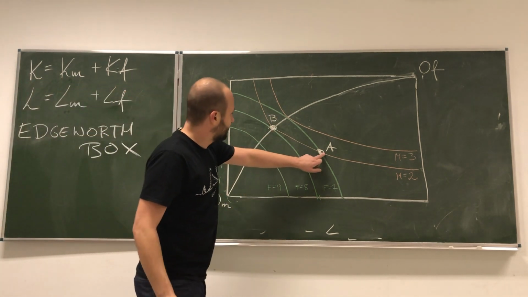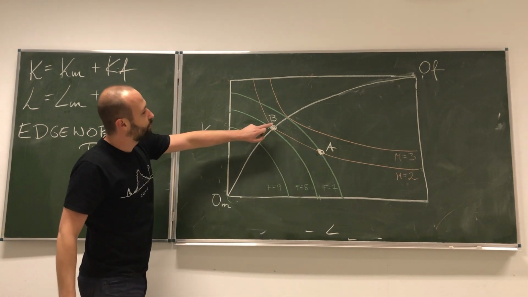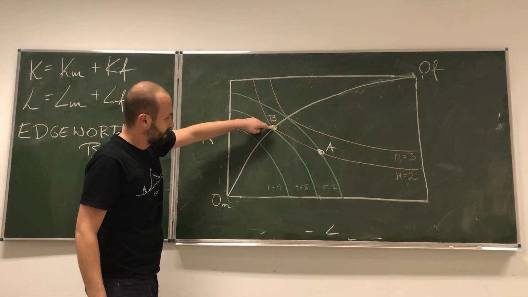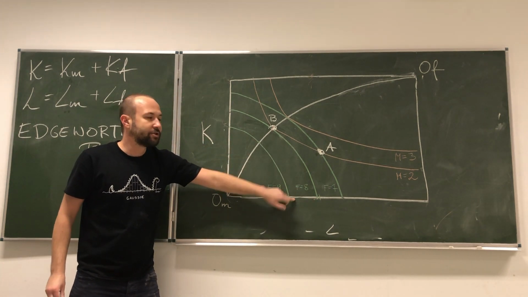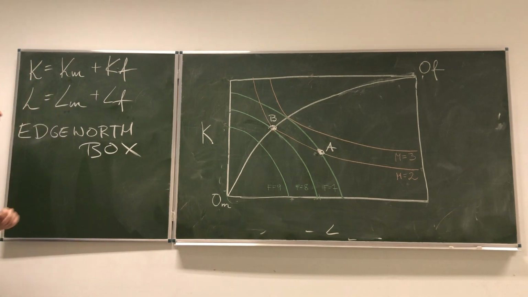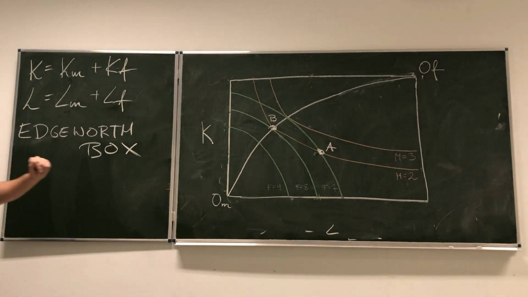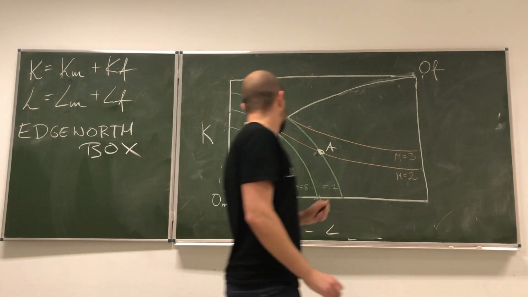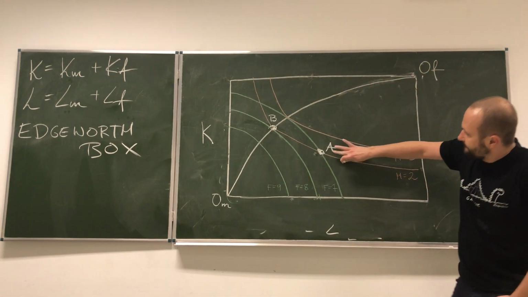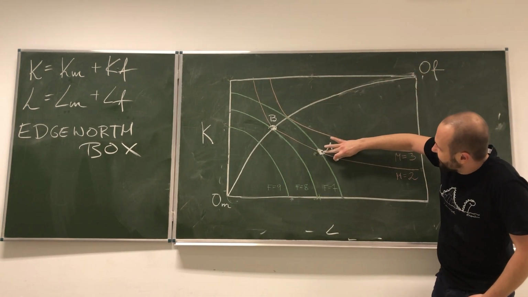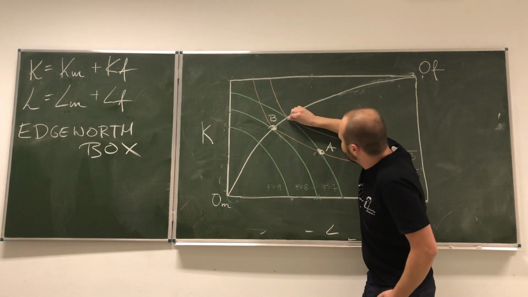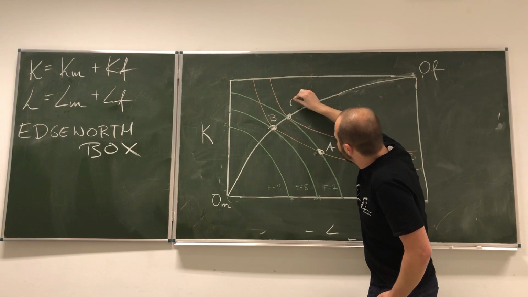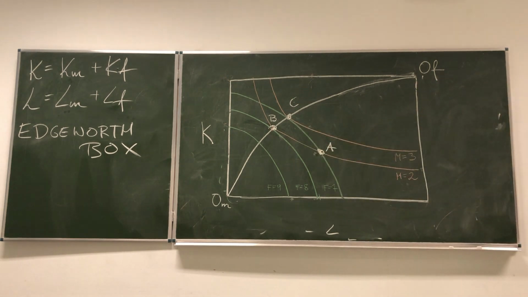We would still be able to produce 2 units of manufacturers, but we would be able to produce 8 units of food. So clearly this combination is not efficient. Now, there is a second possibility. We can clearly see that we can still produce 7 units of food, but 3 units of manufacturers if we move to point C.